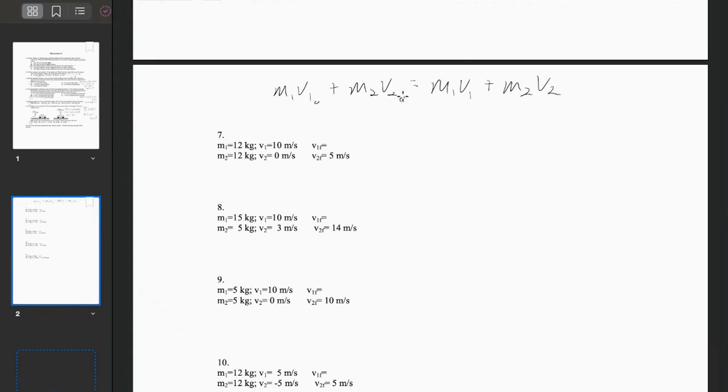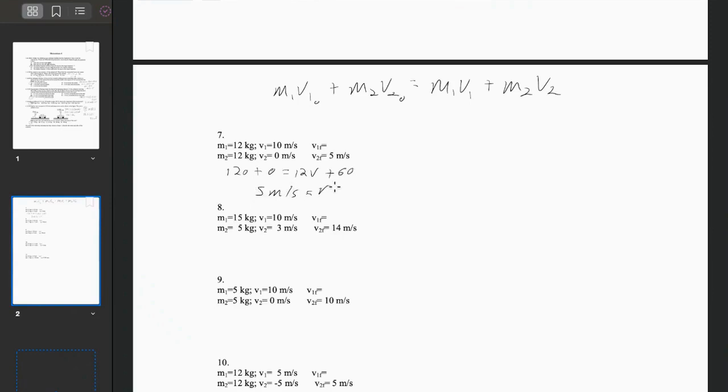We're just going to set up the momentum before is equal to momentum after. So momentum before 120 plus 0 is equal to 12V plus 60, just using the masses and the velocities for each row. When we subtract 60 to the other side, divide by 12, we get 5.